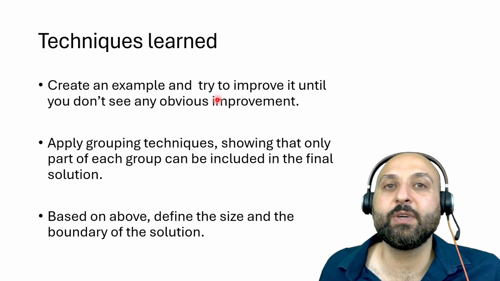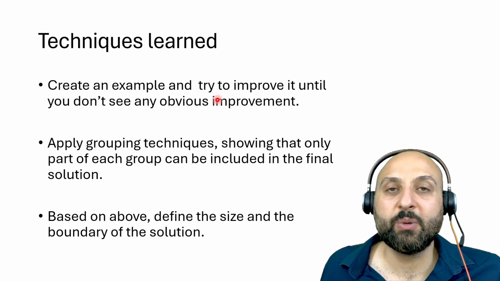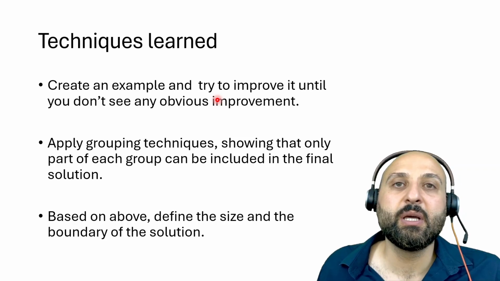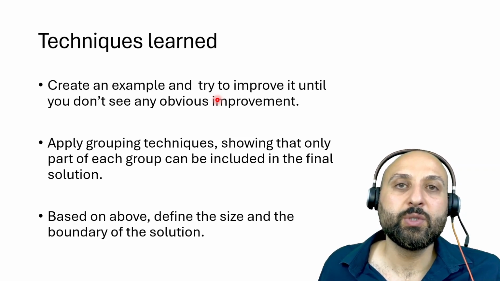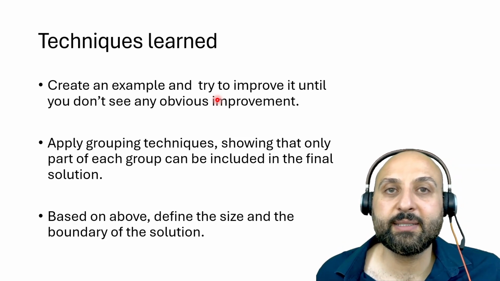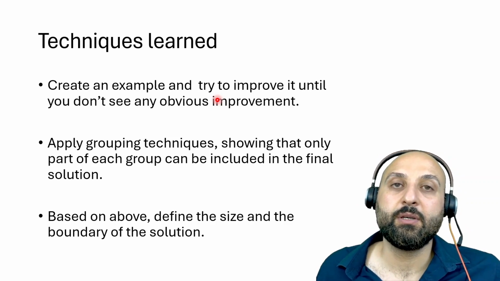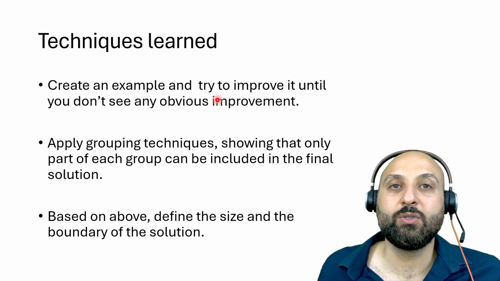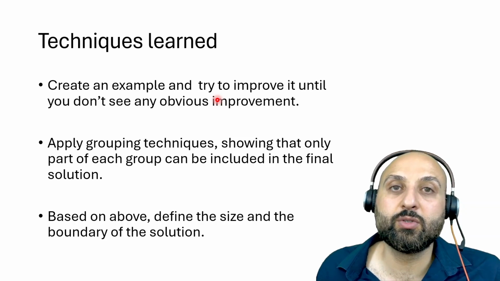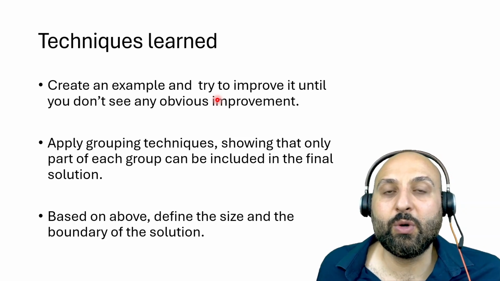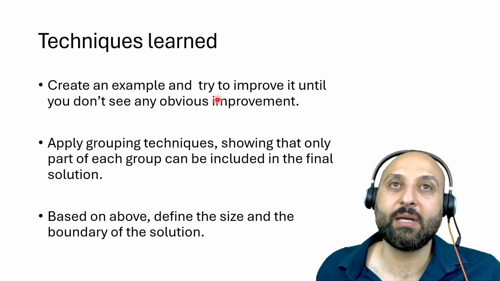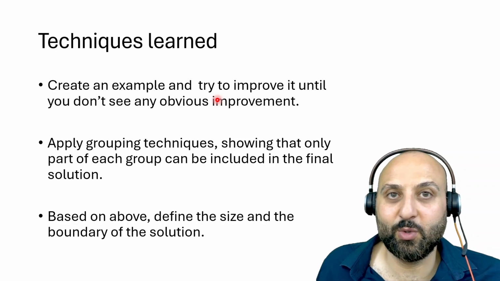All right, so let's see what we have learned. In many problems that deal with small numbers, basically you can use the trial and error method to give examples and try to improve your examples. And if you do everything right, probably what you end up with is the actual solution. But of course, you don't know whether the answer that you found is really the solution or not.